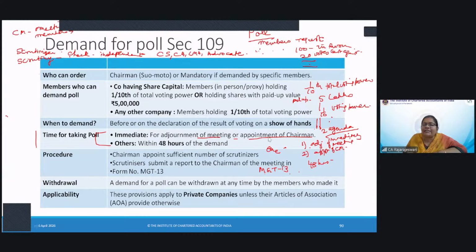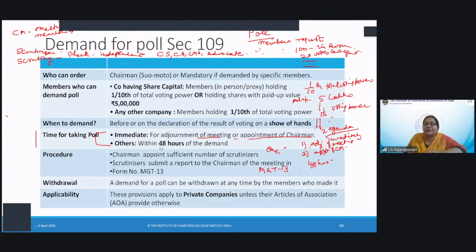Or you want to appoint a chairman, that poll also should be taken. The members present among themselves want to elect one among themselves to be the chairman. For that also you should take the poll immediately. And when you want to adjourn the meeting, for that also you have to take the poll immediately.